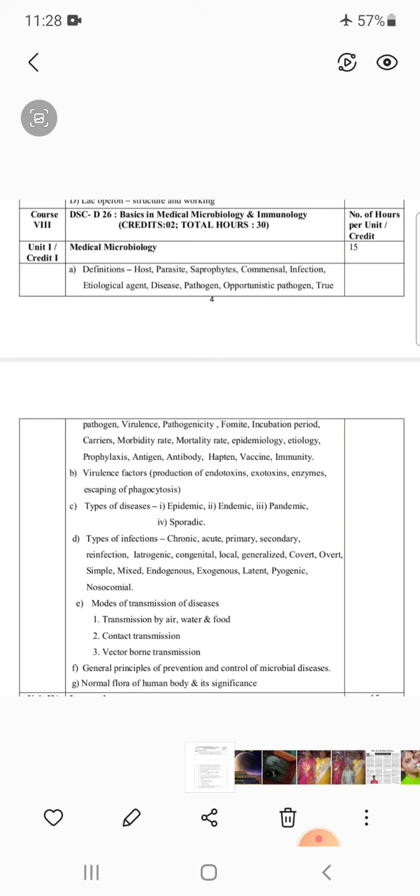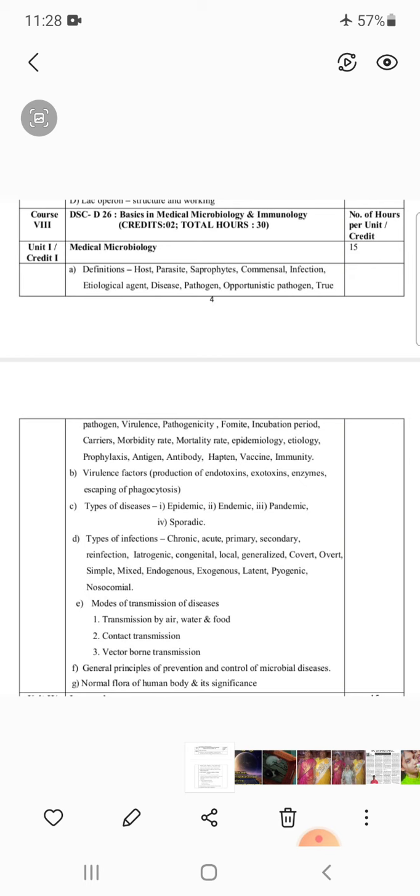Okay, the second definition given in this is parasite. What is meant by parasite here? Parasite is an organism which lives inside the host body, and it can cause a disease to a person by deriving nutrients from the host body.